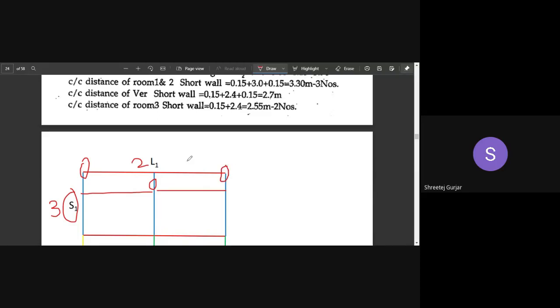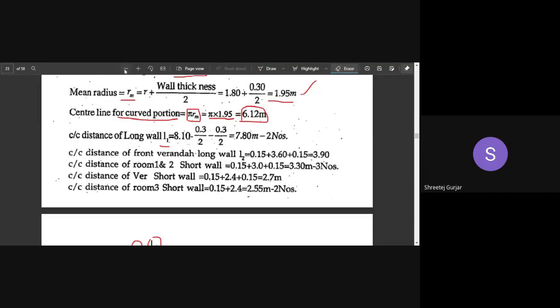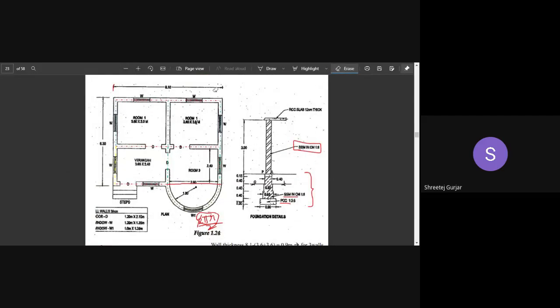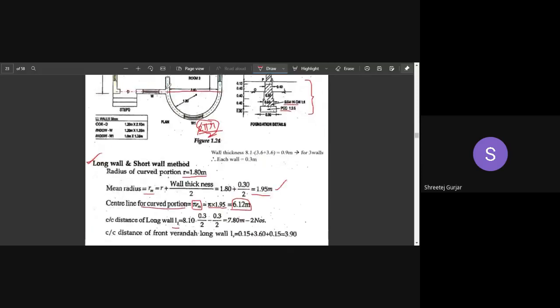That is one method you can adopt to calculate L1. Or, since they have given us the out-to-out distance, which is 8.1, if you reduce half of the wall thickness on one side and half on the other side, you will get the center line length of the long wall L1. That is what they have done over here: 8.1 minus half of the wall thickness on each side gives the center line length as 7.8, and they are 2 in number.